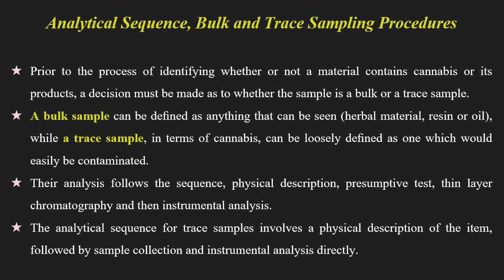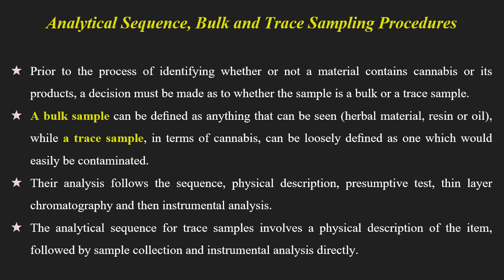Prior to the process of identifying whether or not a material contains cannabis or its products, a decision must be made whether the sample is a bulk sample or a trace sample. A bulk sample can be defined as anything that can be seen, while a trace sample, in terms of cannabis, can be loosely defined as one which would easily be contaminated.